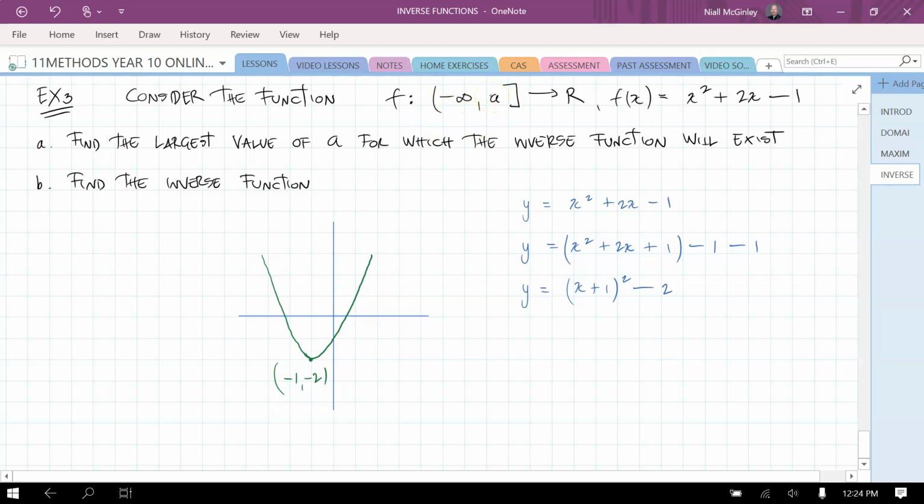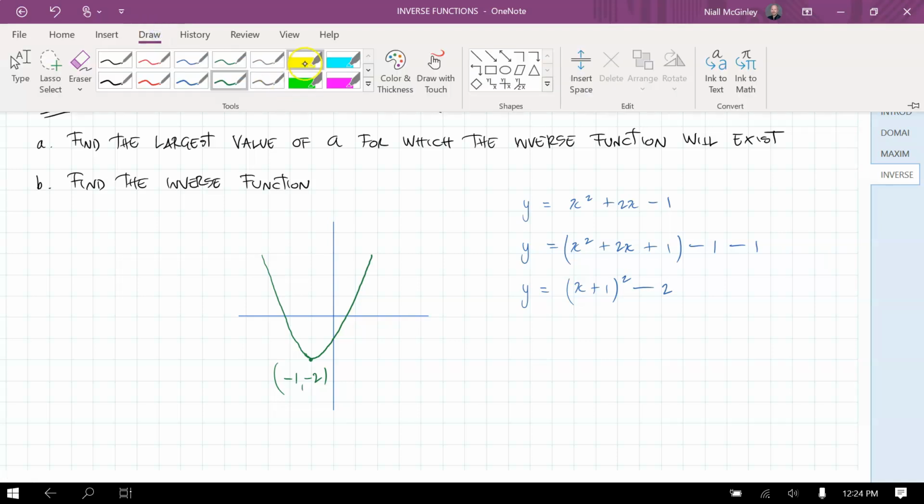What the question's asking us for is, what's the largest value of a for which the inverse function will exist? Basically for the inverse function to exist, it needs to be a one-to-one function. And you can clearly see from the graph here that it's not a one-to-one function. So what we can do is make these one-to-one functions.